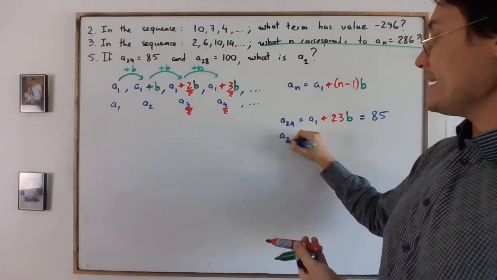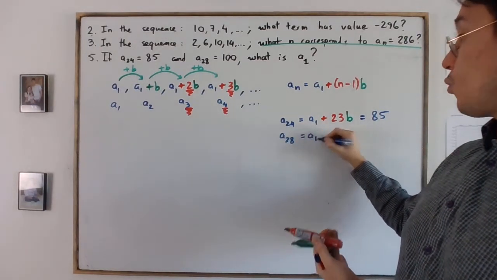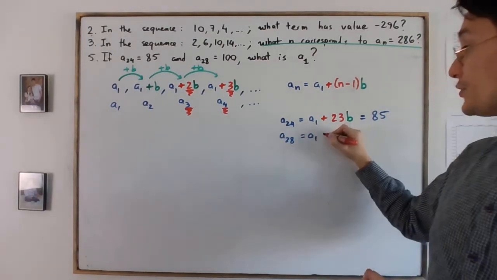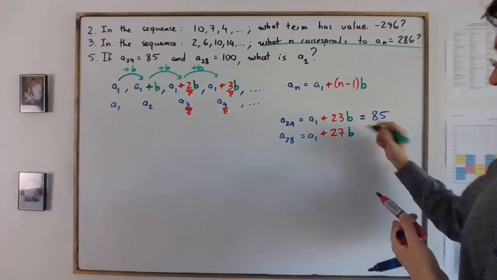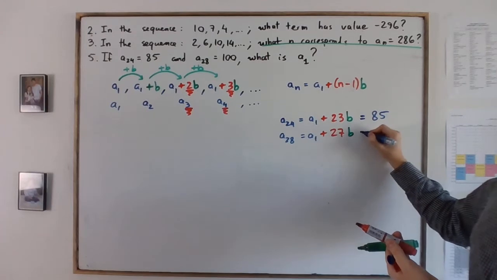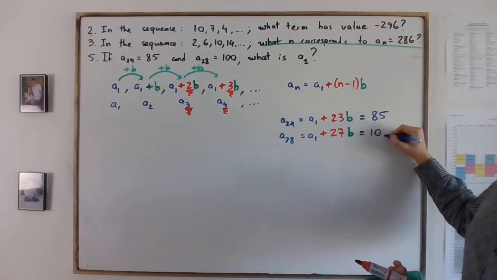Then we have A28, which is again A1, but now we need to add 27 times B. And we know that this is equal to 100 in this case.